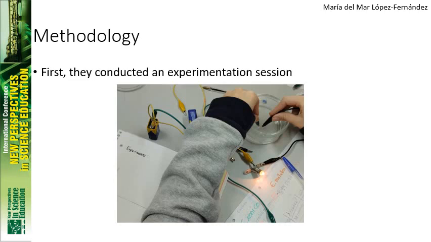First, they conducted an experimentation session about chemistry and collected data. Then, in the laboratory, each student built an electrical circuit with a battery, a light bulb, and a solution. Then, the teacher handed out different substances: sodium chloride, deionized water, acetone, ethanol, hydrogen peroxide, and acetic acid.